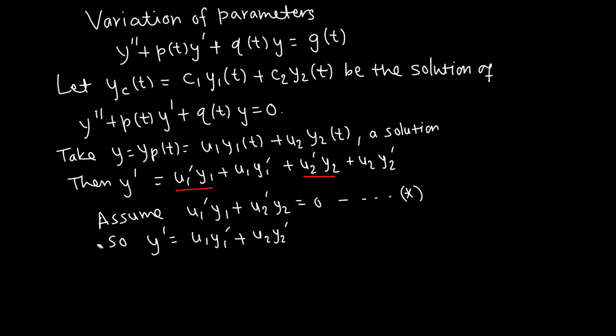Okay, now let's find the second derivative. Then y double prime is equal to, here is the product rule again, so u1 prime y1 prime plus u1 y1 double prime plus the product rule here as well, u2 prime y2 prime plus u2 y2 double prime.